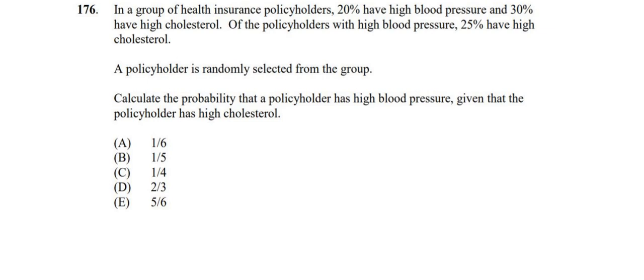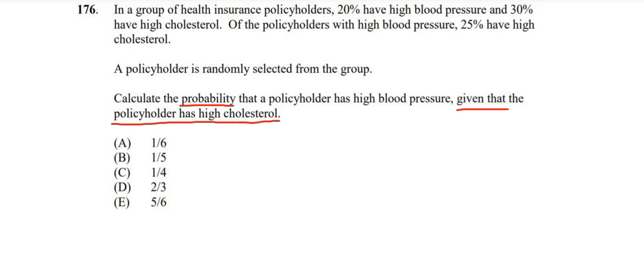So this probability is calculated given that, so this is a conditional probability. Okay, so we just focus on those things. Among the policyholders, the probability that the policyholder has high cholesterol, then what is the probability?